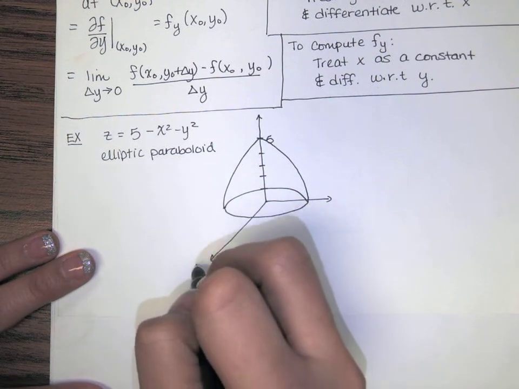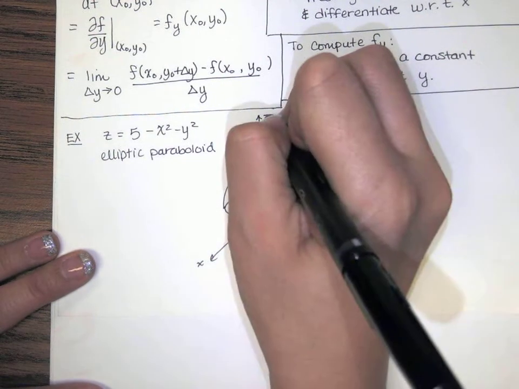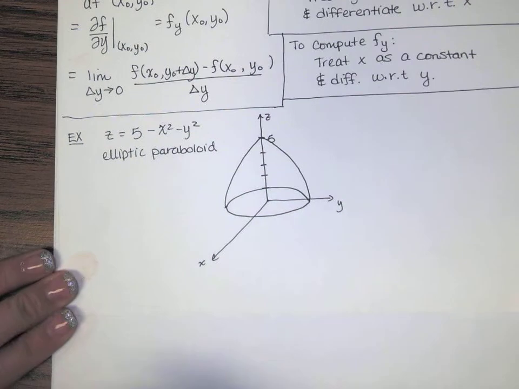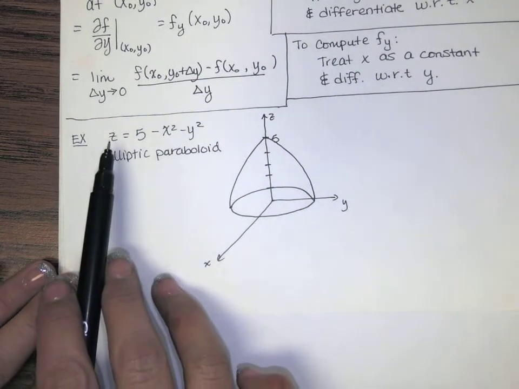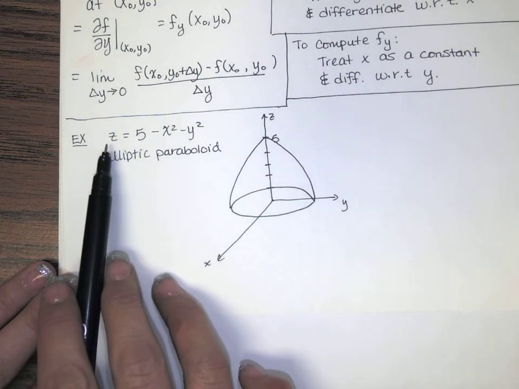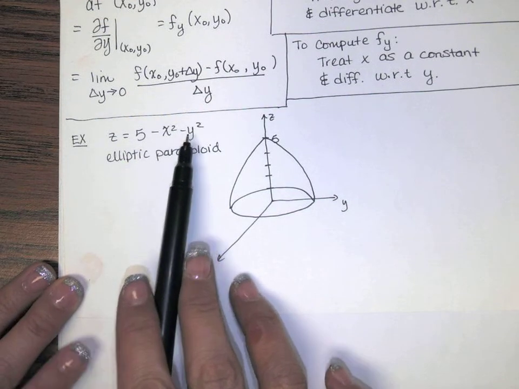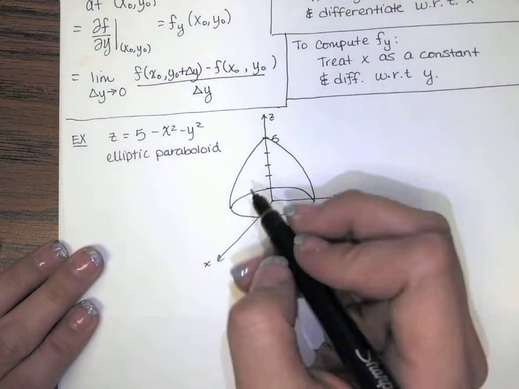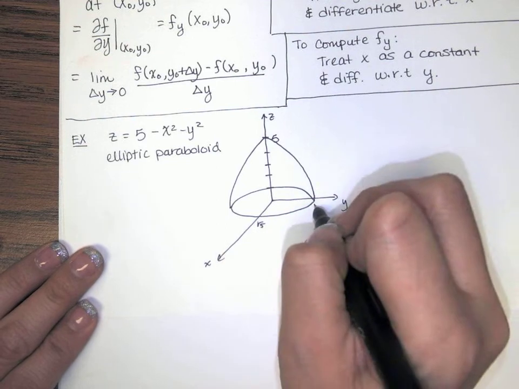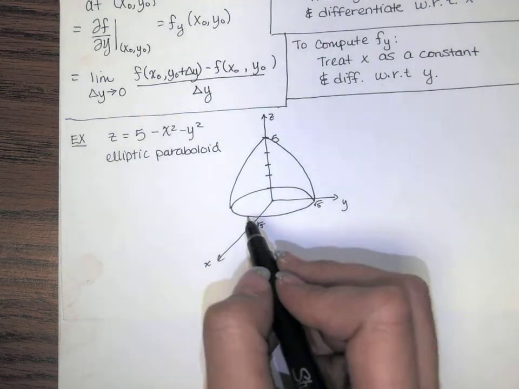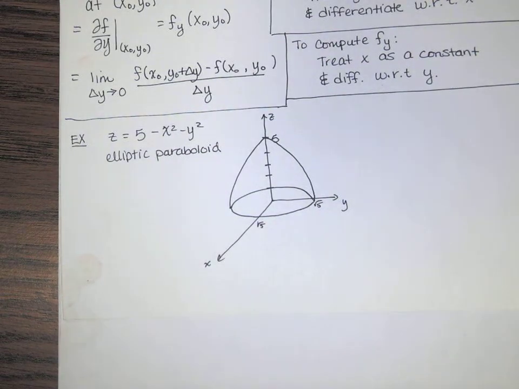It goes beyond the xy plane, but I'm just drawing it to there so that we have some sense of the surface that we're looking at. When z equals 0, we get 0 equals 5 minus x squared minus y squared. So this is a circle of radius square root of 5. So we go square root of 5 units in the x direction, square root of 5 units in the y direction, plus or minus. So this radius is just a little bit more than 2. This is not to scale, clearly.